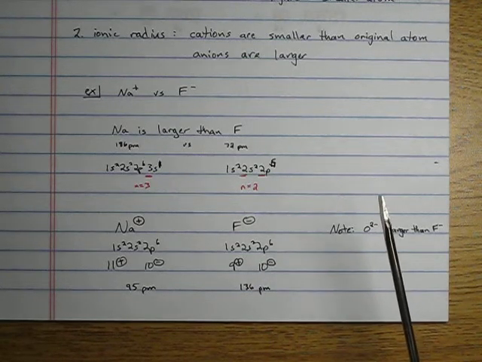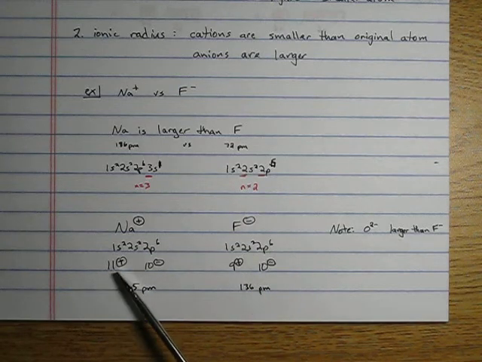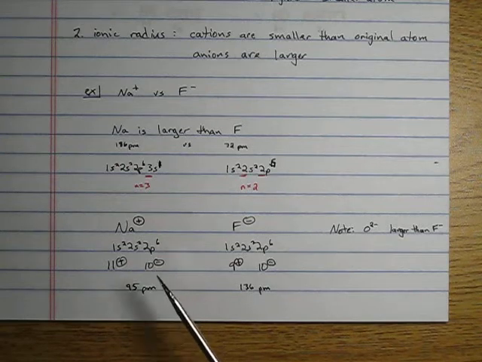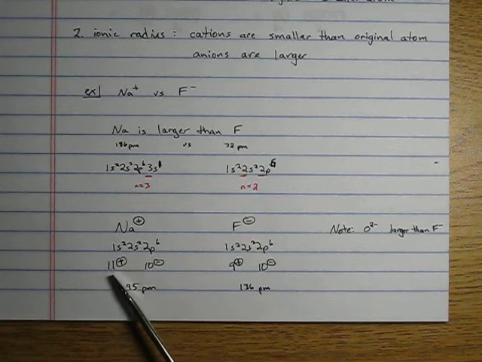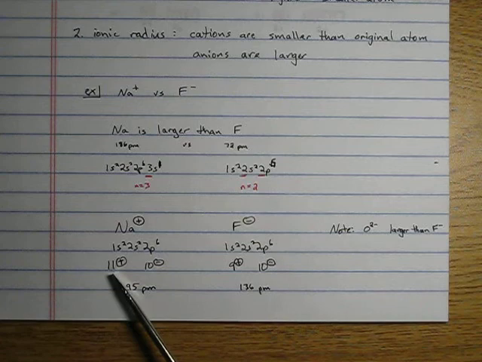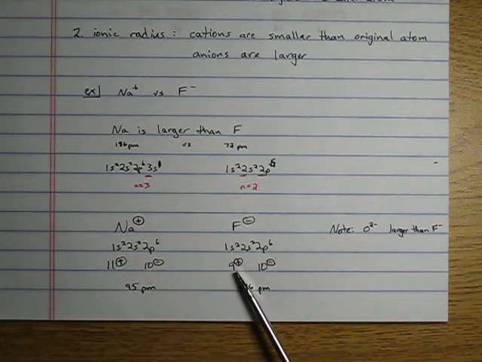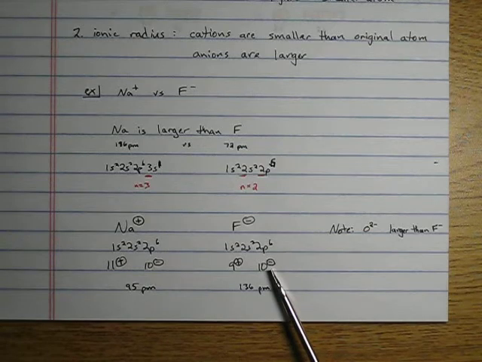So the question is, what's going to hold on to the electrons tighter? 11 plus charge in the nucleus holding on to 10 electrons, or 9 plus holding on to 10 electrons? Well, the larger charge of the nucleus means these 11 protons are going to hold on to these 10 electrons tighter than 9 protons can hold on to 10 electrons.